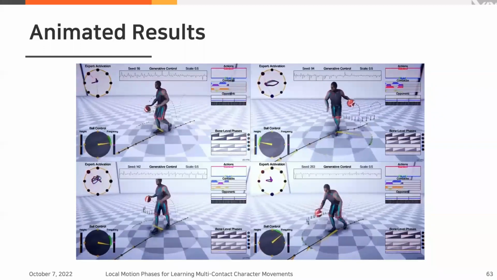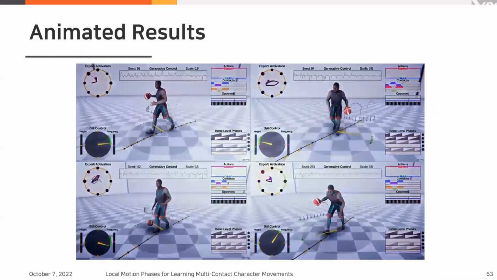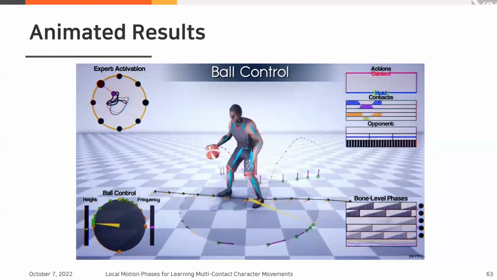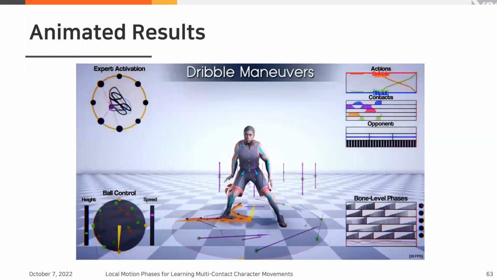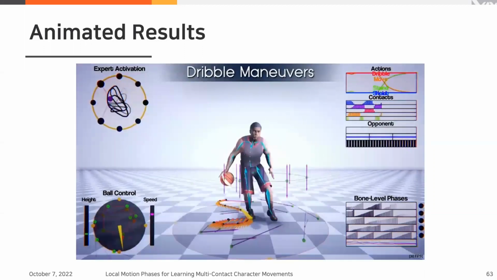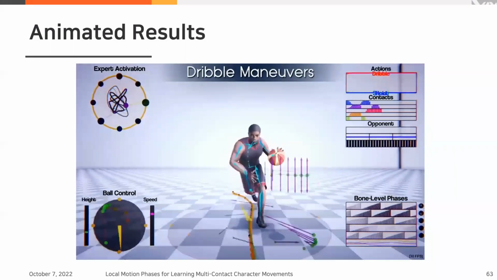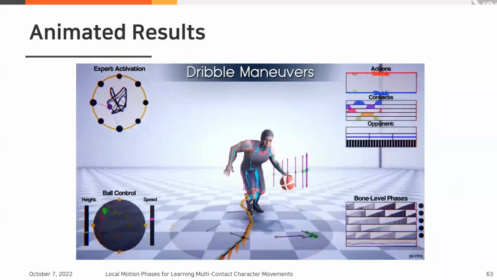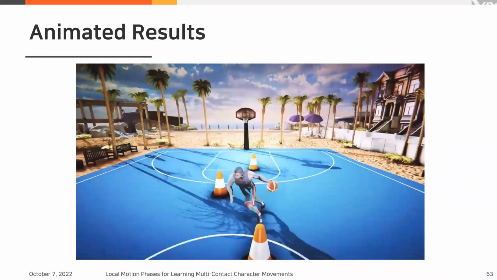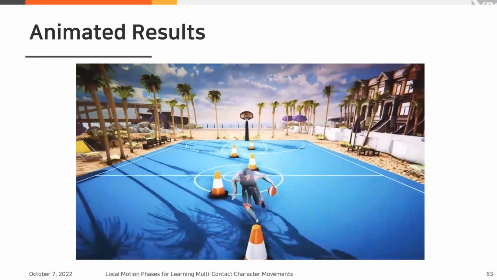And with the interaction vectors, different motions with the ball are also made. And also the character can be handled in a situation where obstacles are arranged.